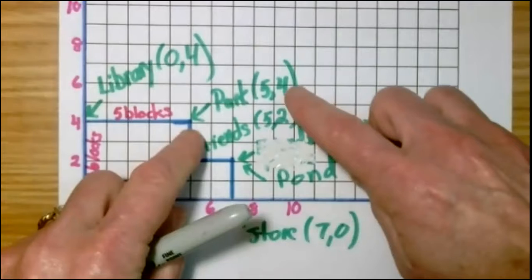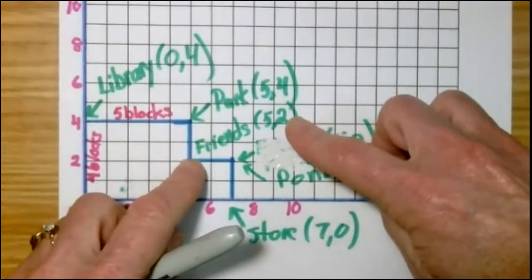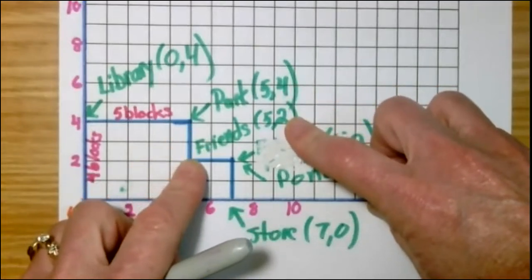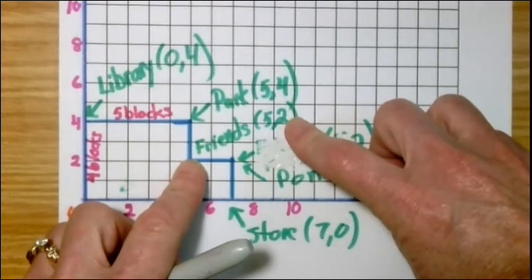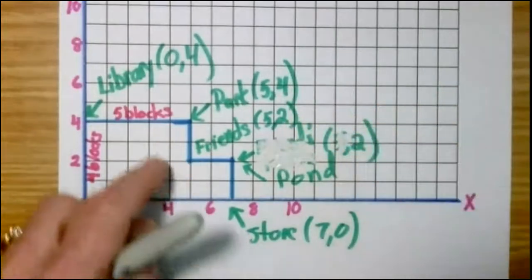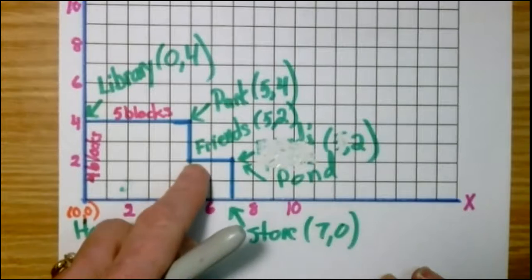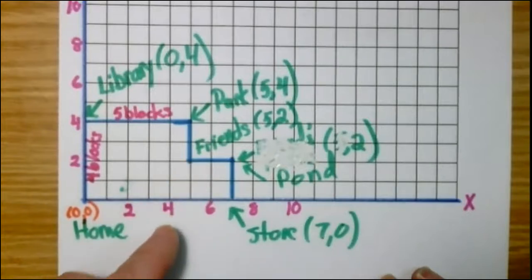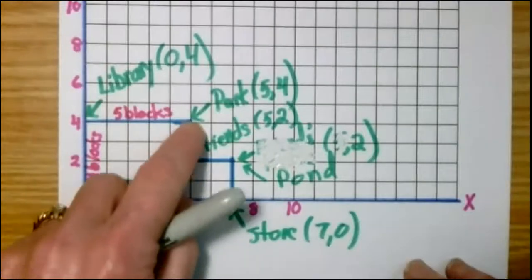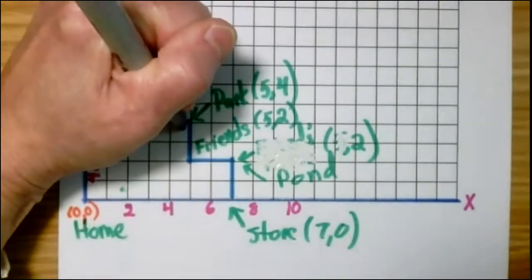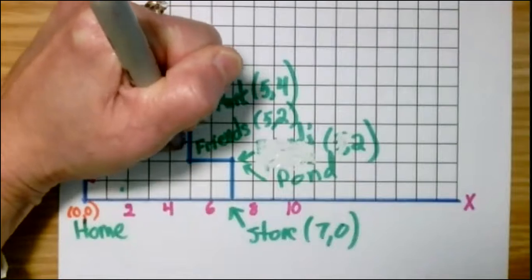And if you go from here to the friend's house, did I do something wrong? I don't think so. Park to friend's house. You know what? My friend's house seems to be off. No, it's right. 5, 2, and the park was supposed to be at 5, 4. Yeah, that's right. Okay, so now how many units is that? Exactly, that's 2 blocks.